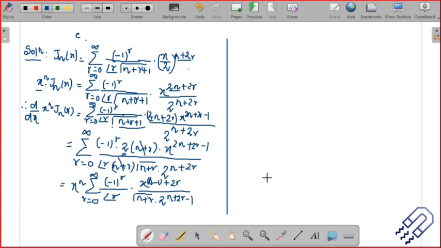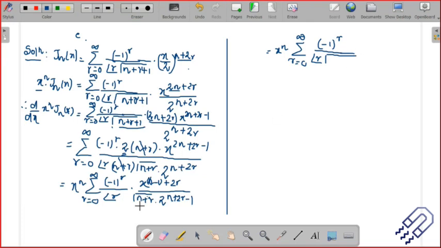Okay. So next, what we do is x to the power n, then summation r equals 0 to infinity. I'll keep this as minus 1 to the power r divided by factorial r, and then I need n minus 1 on this side.